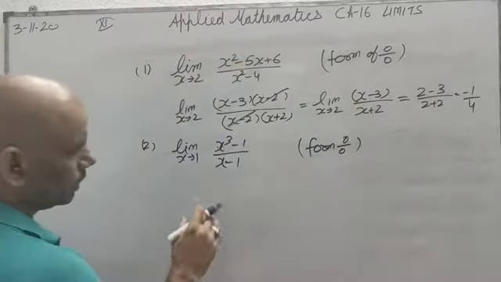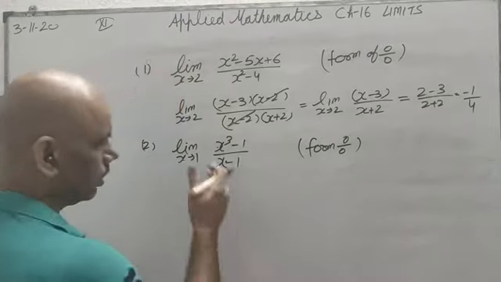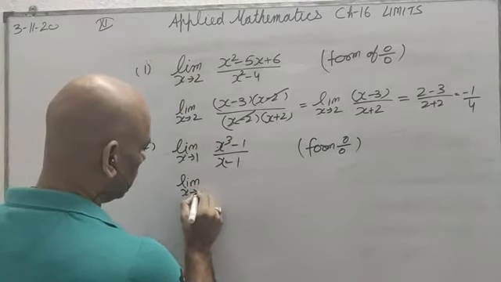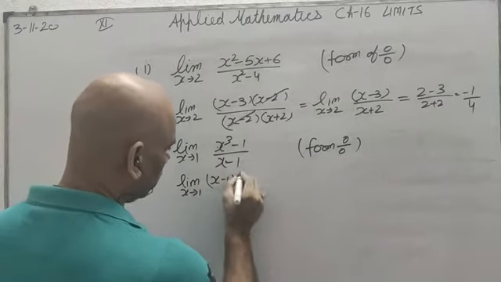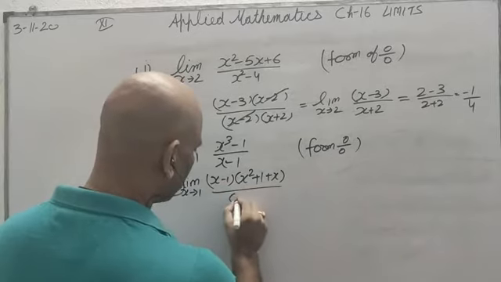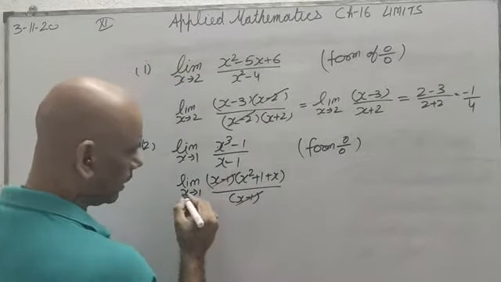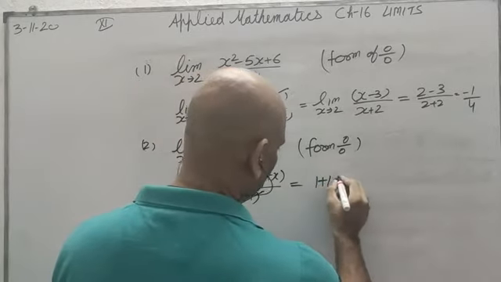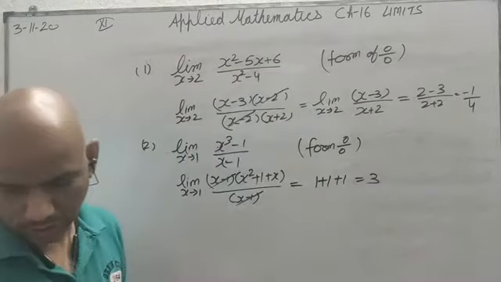So I will have to reduce it to another form, and then only I can substitute. So x cube minus 1, I am going to apply the identities. x minus 1 into x square plus 1 plus x, x minus 1 is cancelled. Now substitute the limit, so 1 plus 1 plus 1, the answer is 3.